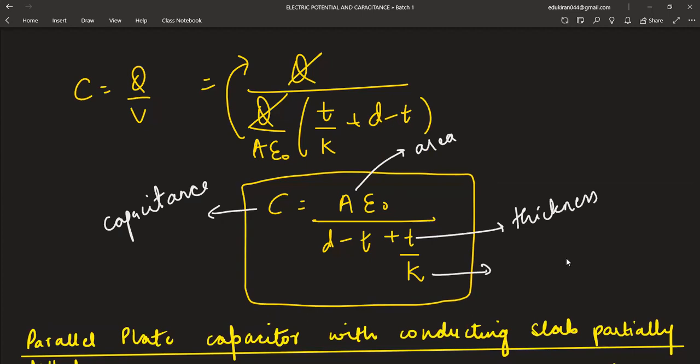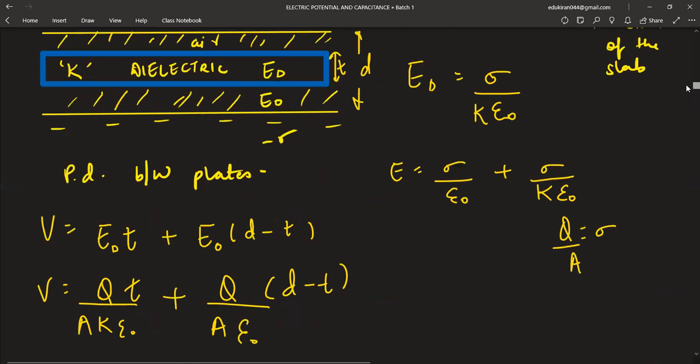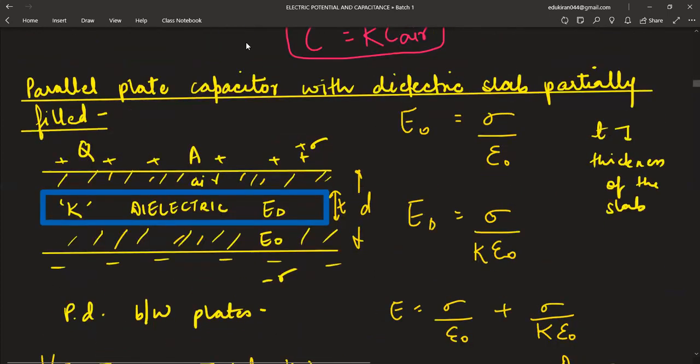K is the dielectric constant. And D is the separation between the plates. One more case is left, partially one, this next one. But first you write down this, understand this, revise it. Any doubts if you have, get it clarified, then I'll discuss the next derivation. Please write it, class.